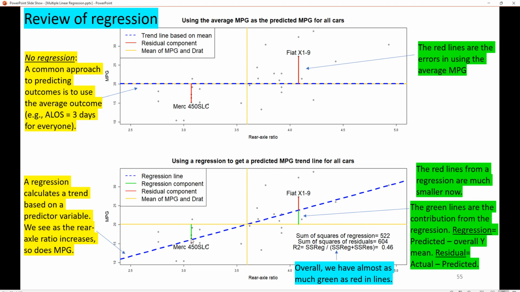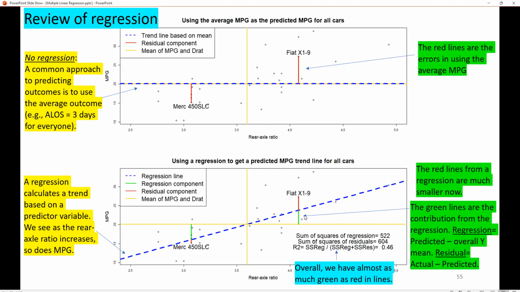We see that a portion in green, and that would be the distance between the average miles per gallon and the predicted line, that blue dashed line. And in this graph, that blue dashed line that's at a diagonal represents the predicted values, and this is what we get from a regression. So we can see that if we follow the predicted values for that blue dashed line, it gets us closer for both values, and what we see in green is what the regression line offers us in terms of a better prediction.